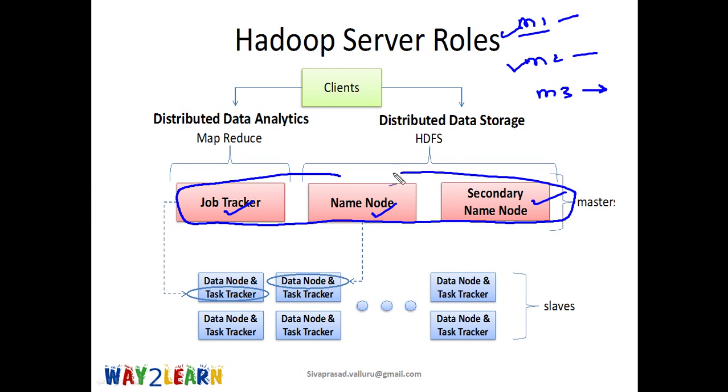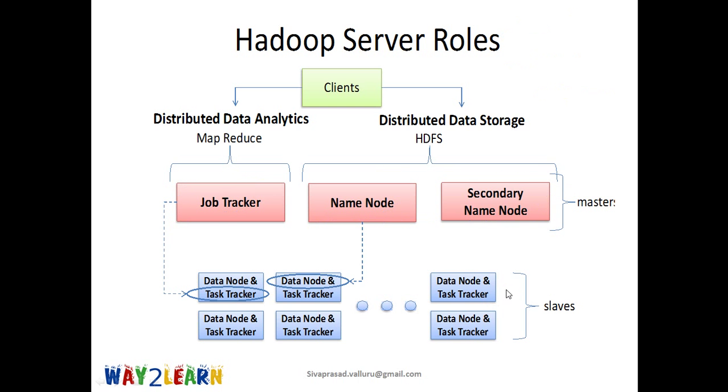And on slaves, what are the daemons running? Data node and task tracker, right? So tell me which daemons belong to MapReduce, which daemons will be used while executing MapReduce programs? Job tracker and task tracker.